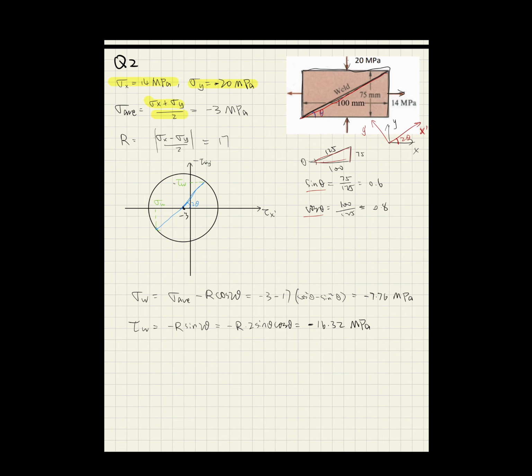So we get what sine 2 theta is and what cosine 2 theta is, and what we are doing is locating the point. Now, after we do the rotation and get the axes x prime and y prime, where is the point of sigma w? Sigma w is the normal stress on the weld line.